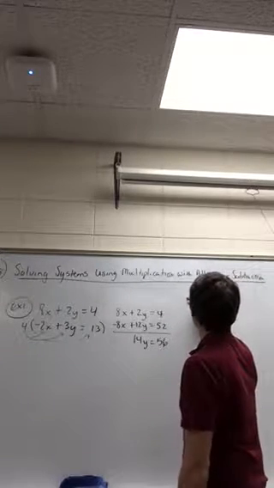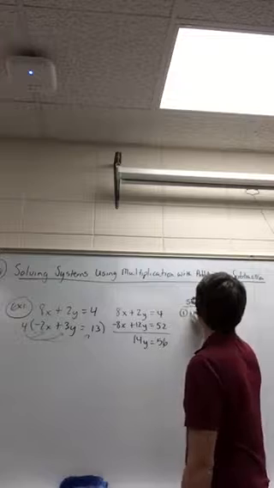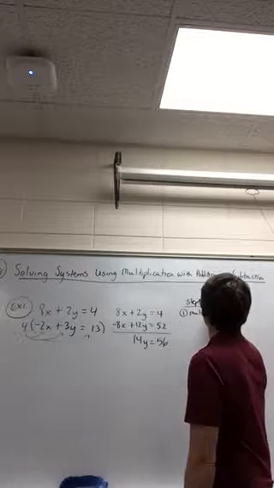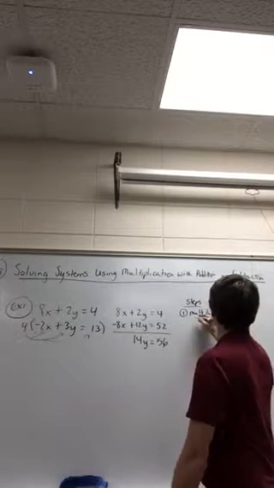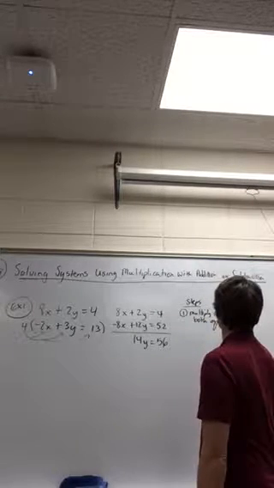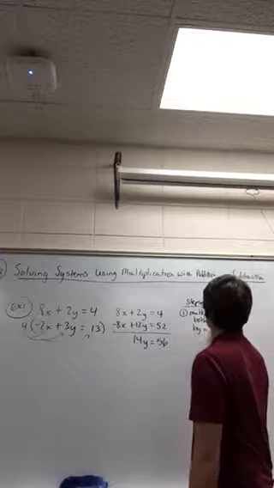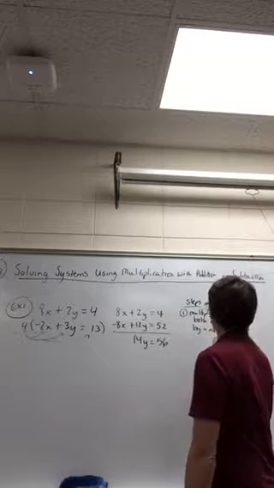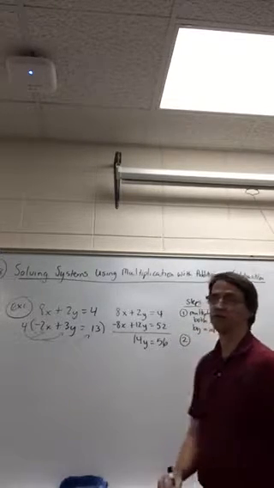So the steps for doing this are: you're going to multiply one or both equations by a number to get either the x's or y's opposites.